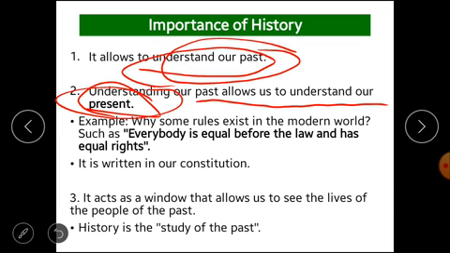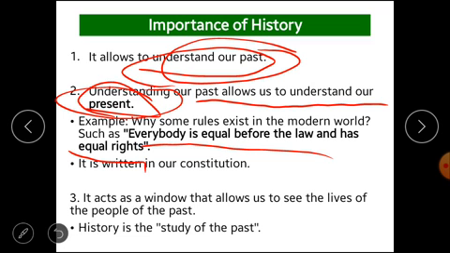For example, if we want to know why and how our world is the way it is today, we have to look to history for answers. One can understand why some rules exist in the modern world, such as everybody is equal before the law and has equal rights. How do we know about this? It is written in our constitution, which was formed during independence. So that's how it works.